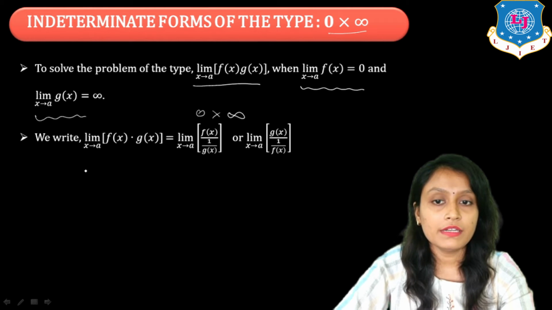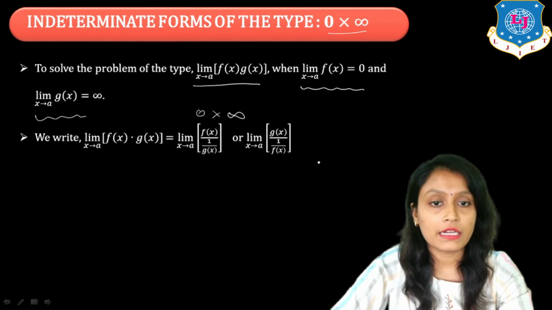Now we will write limit x tends to a f of x into g of x is equal to limit x tends to a f of x upon 1 upon g of x, taking g of x in the denominator, or g of x we will keep as it is and f of x we will take in the denominator, that is g of x upon 1 upon f of x.